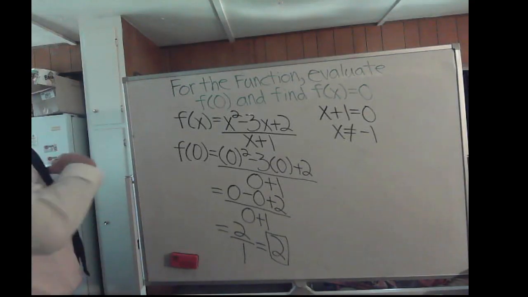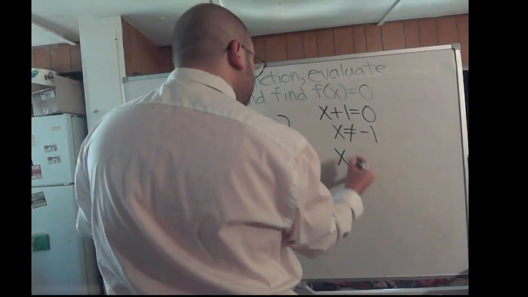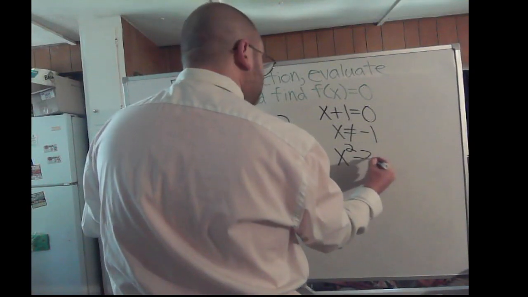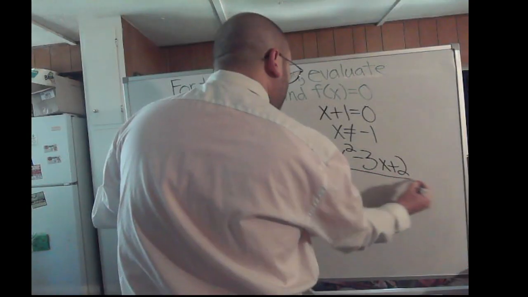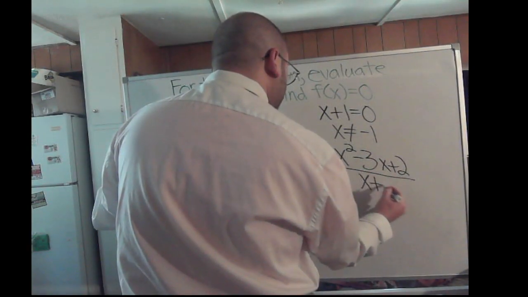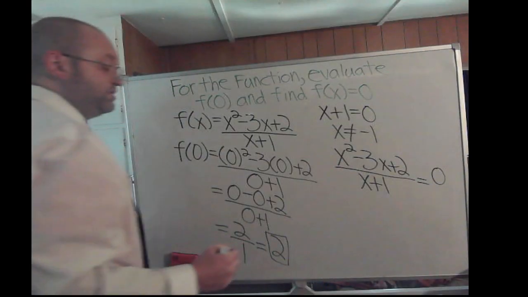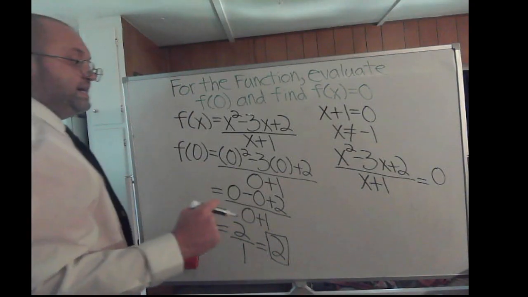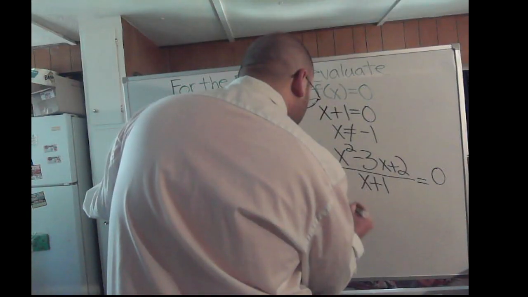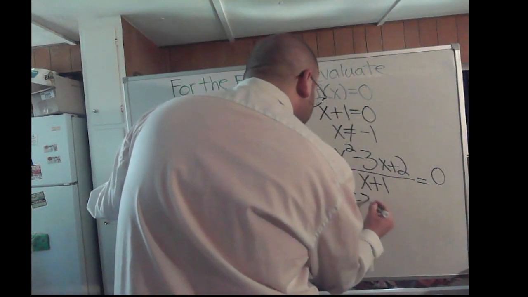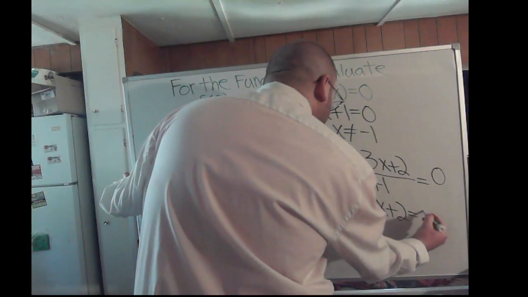Now, we need to set f of x equal to 0. So we'll take the x squared minus 3x plus 2 all over x plus 1, set that equal to 0. Well, it's clear to see we can multiply both sides by x plus 1 and get rid of the denominator. You're now down to x squared minus 3x plus 2 equals 0.